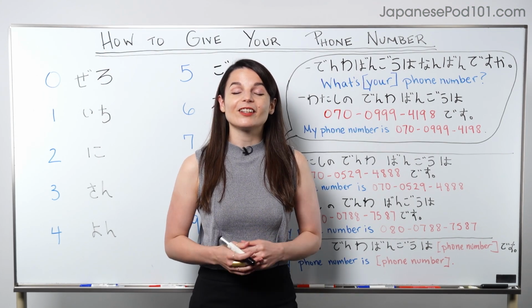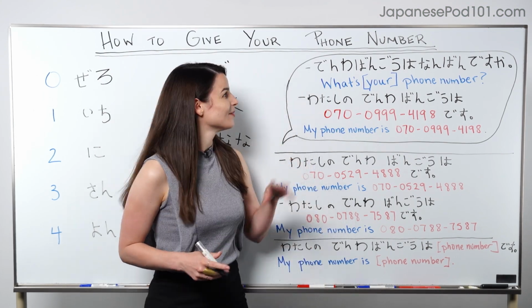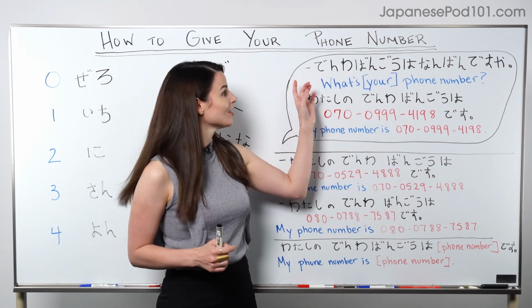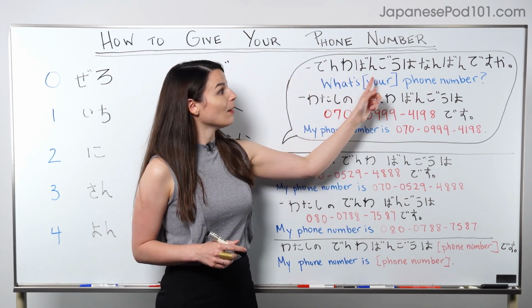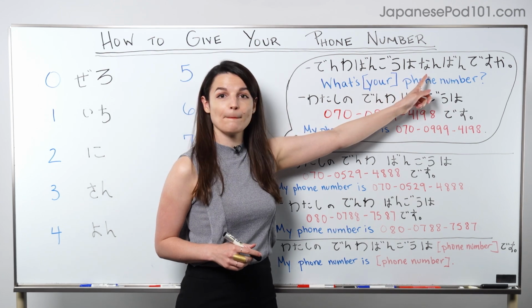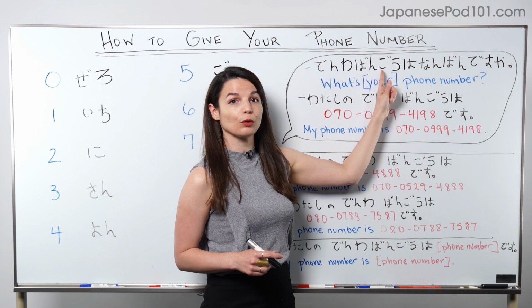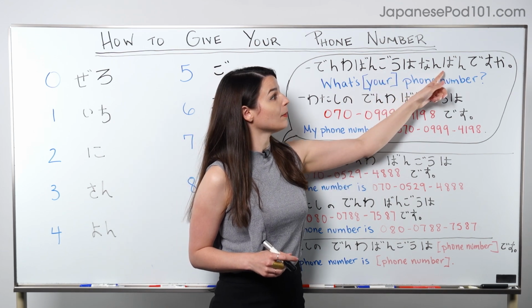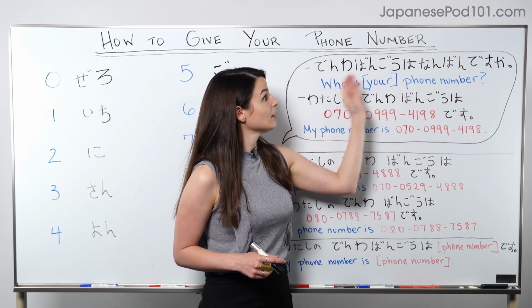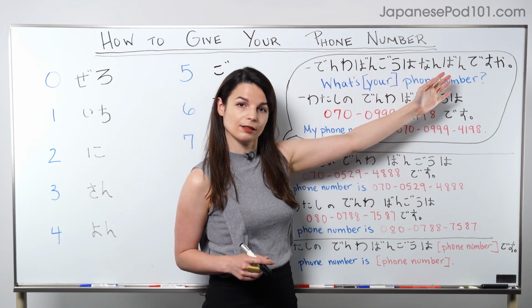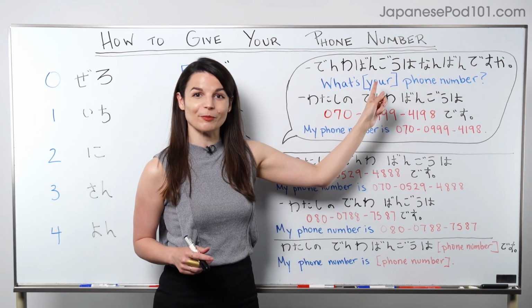Okay, let's take a look at the dialogue for this lesson. First we have this question. 電話番号は何番ですか? Which means, what's your phone number?